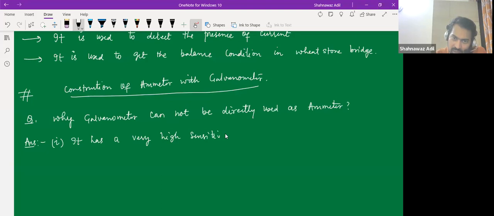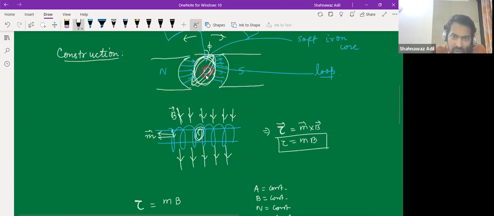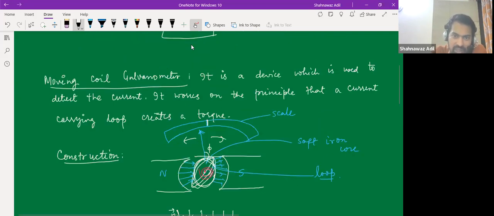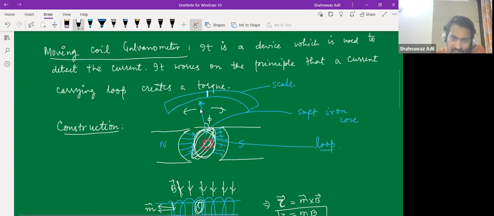Sensitivity. Sensitivity means that if we apply a very small amount of current, say a microampere current, the deflection would be a full deflection.